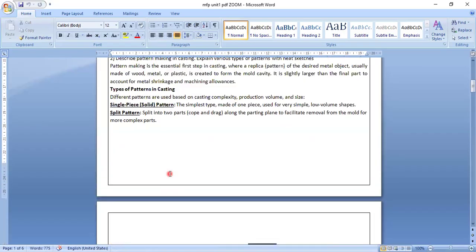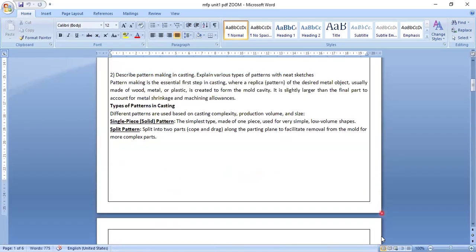First, I will read the theory. Pattern making is an essential first step in casting. A pattern is a replica, the shape of the designed metal object, usually made of wood. In olden days, wood was cheaply available, so wood was used.